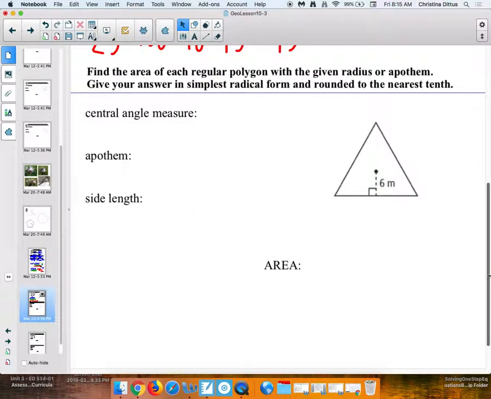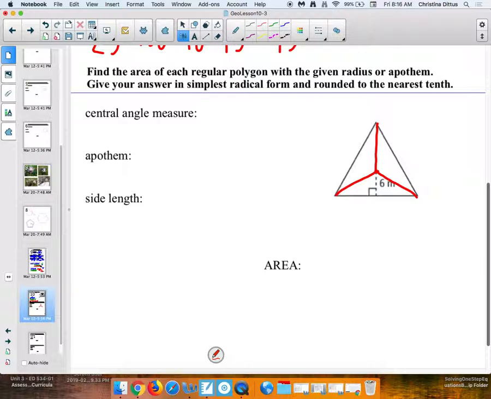Area of a regular polygon, this is where it gets a little bit tricky, but that's okay, we'll survive. How we're gonna find this whole area is we're gonna break it down into congruent triangles. So if I split here and here, I have 3 congruent triangles. 1, 2, 3.